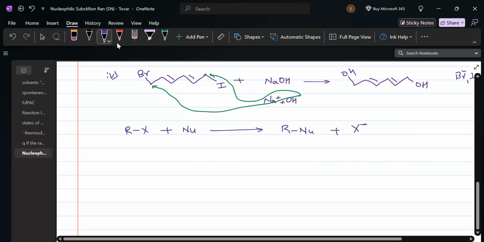So you can observe this bond is breaking, right? And this bond is forming. Correct?